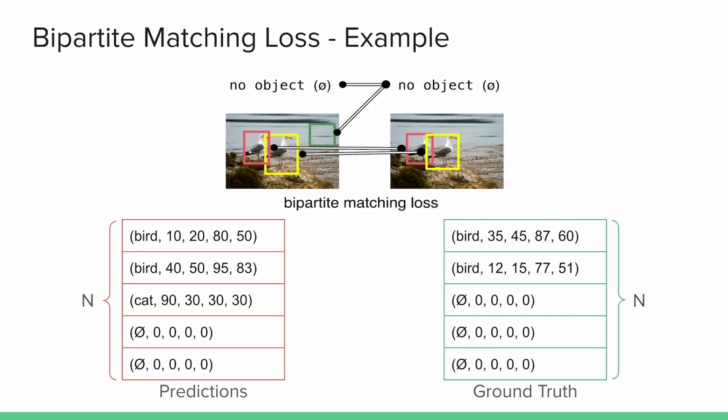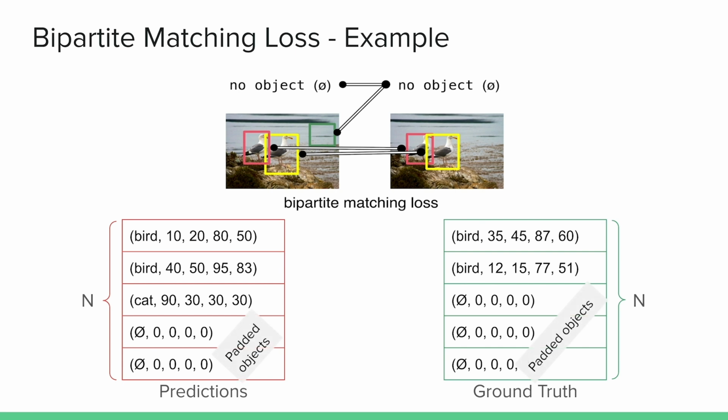So coming back to this bipartite matching loss example, given that image here, we have two birds, and our algorithm predicted a third object in the top right of that image. For example, it said, well, there is a cat over there, even though there is no cat. What we have now is our set of predictions and our set of ground truth boxes with our class label.